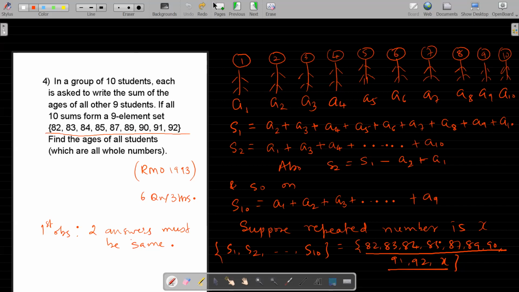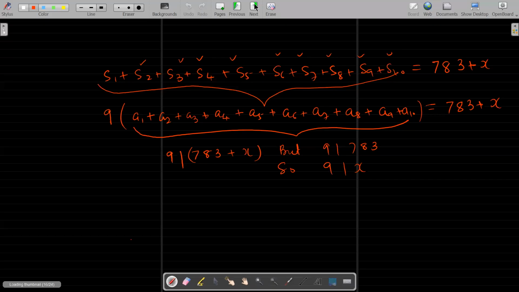Can you explain why x will be 90? Yeah, I'll explain once again. So 9 divides x. Is that clear? 9 divides 783 plus x, and 9 divides 783. So 9 must divide x, right? So x is divisible by 9 and x is out of these numbers.